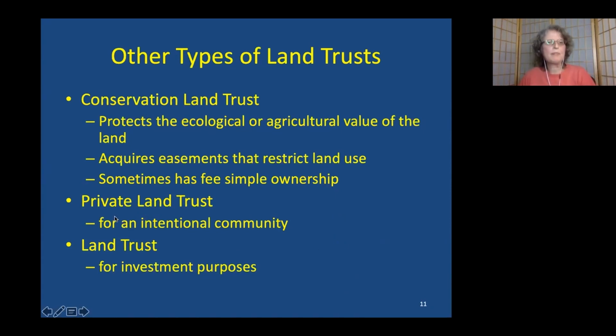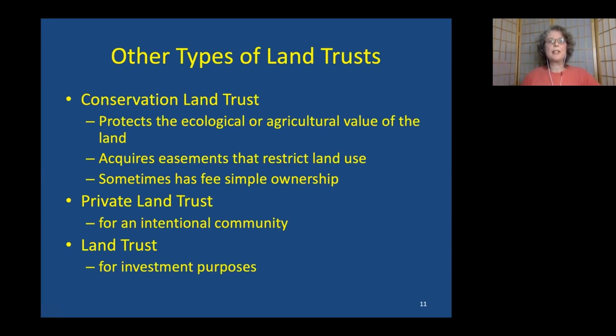Another type of land trust you may have heard of is a private land trust. You may have heard of intentional communities that say that they are land trusts or they have a land trust, but the land is owned by the community, and the board members all live on the land. That would not be a community land trust because there are no representatives that don't live on the land.